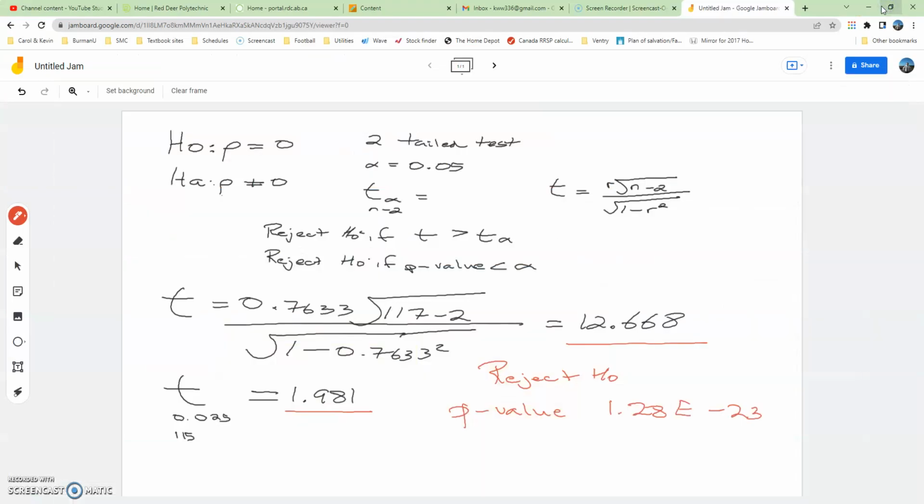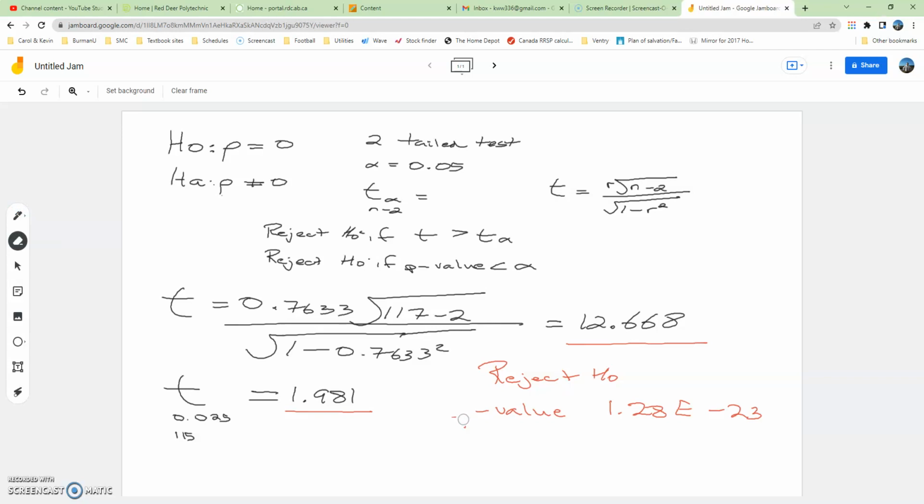This E negative 23 means that if you want to write this p-value in regular terms, we'd have to move the decimal place over to the left 23 times. So there are going to be 22 zeros, then 1.28. So it's really small. Therefore, we are also going to make the decision to reject our null hypothesis.